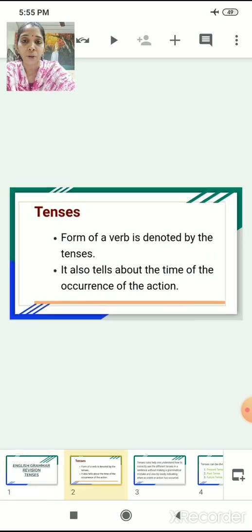Form of a verb is denoted by the tenses. It also tells about the time of the occurrence of the action. So what is tense? Tense is a form of verb that describes the relation between time and action. It gives time to the action.